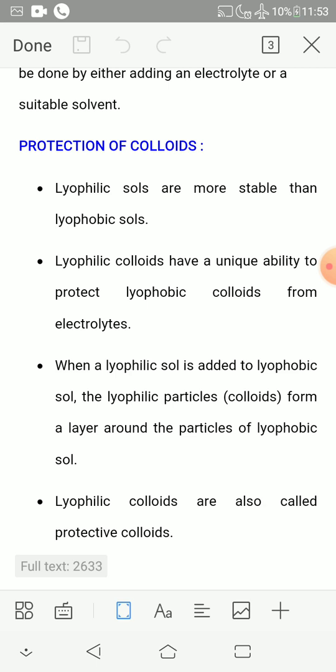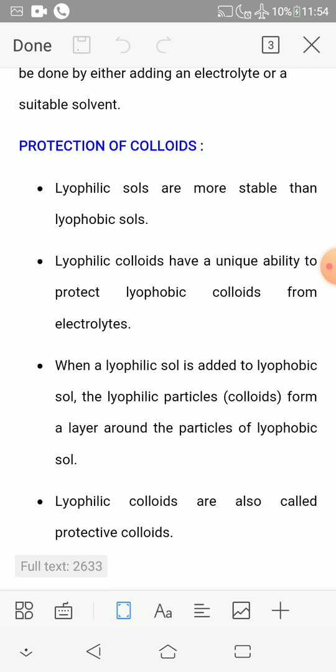First point, lyophilic sols are more stable than lyophobic sols, and lyophilic colloids have a unique ability to protect lyophobic colloids from electrolytes.